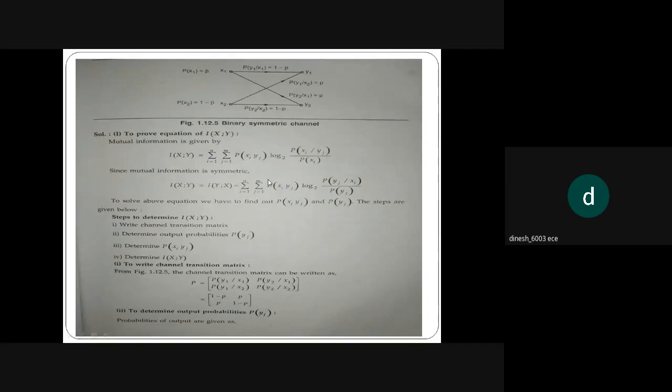So first is to prove it. So how do we prove? Take the mutual information relation and write the equation I of X;Y equal to summation i equal to 1 to n, j equal to 1 to m, p of xi yj log to the base 2 p of xi given yj divided by p of xi.